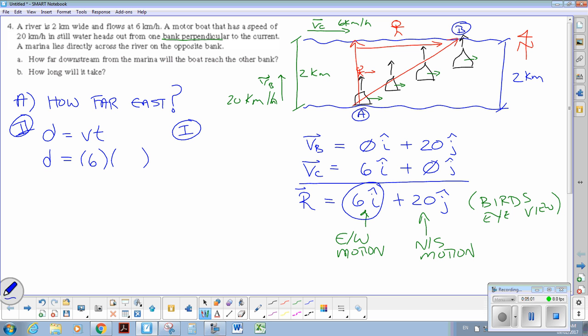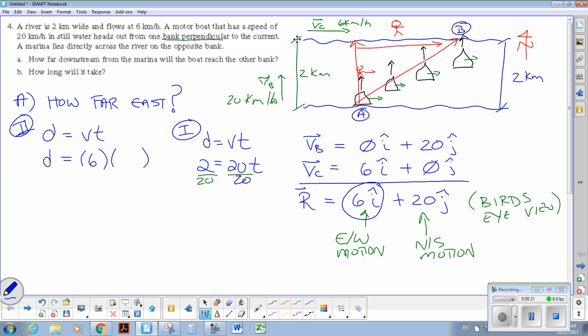So the first part is how long did it take the boat to cross the river? Well, again, d equals vt because it's not accelerating. We know the river is 2 kilometers wide. If it's traveling at 20 kilometers an hour, we can find our time. So we find 2 over 20, 1/10, or 0.1 of an hour. Remember, we're working in hours here, so it seems like not a lot, but it actually is 10 minutes, right?